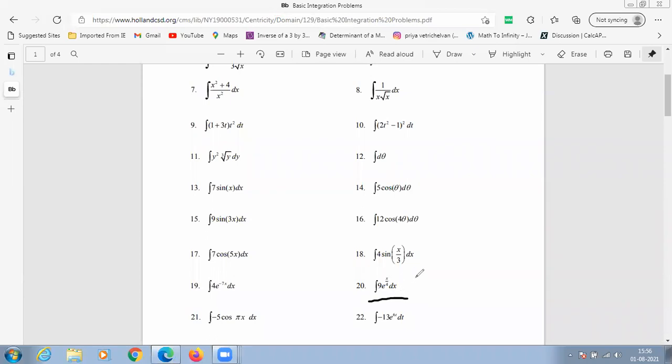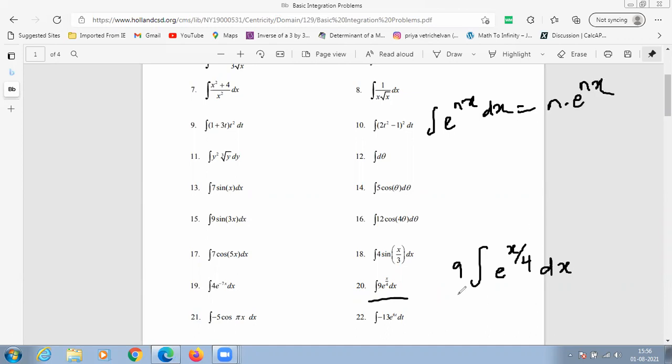9 into e power x by 4 dx. Take the 9 as constant. E power x by 4 dx. So e power x by 4, the same formula. E power nx dx can be written as n into e power nx. Here the value of n is 1 by 4. Just write the 9 as it is.